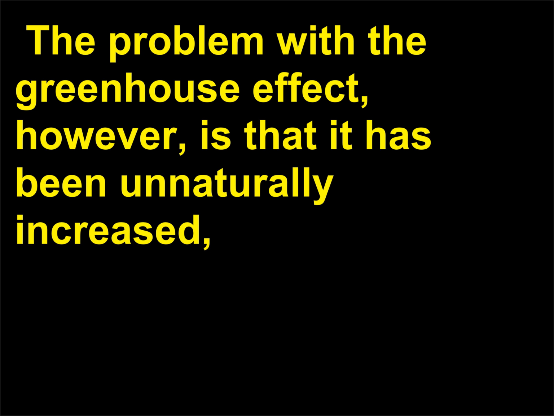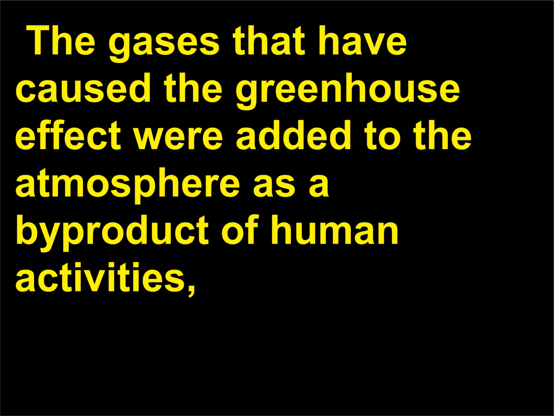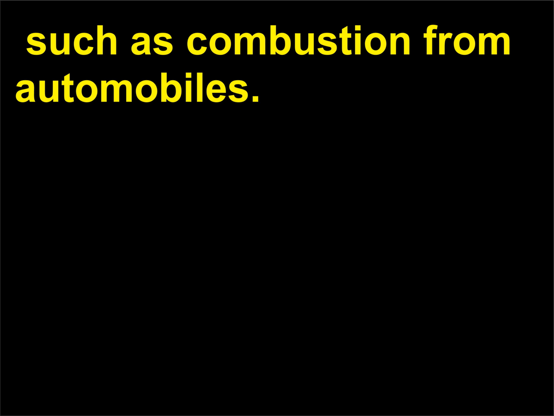The problem with the greenhouse effect, however, is that it has been unnaturally increased, causing more heat to be trapped and the temperature on the planet to rise. The gases that have caused the greenhouse effect were added to the atmosphere as a byproduct of human activities, such as combustion from automobiles.